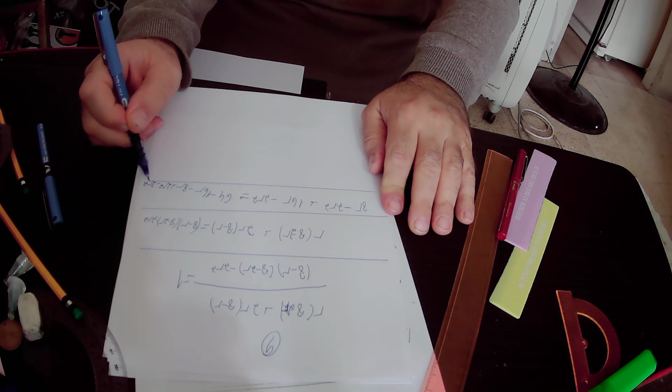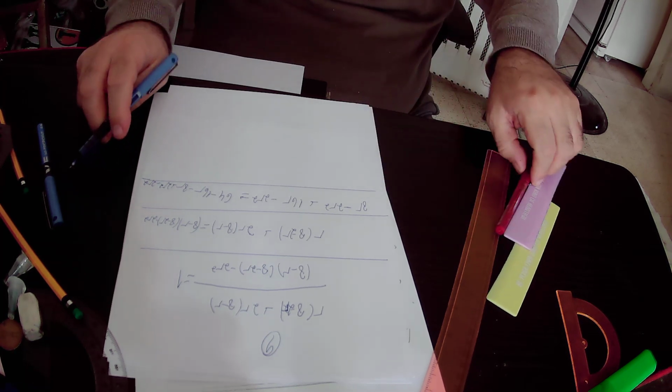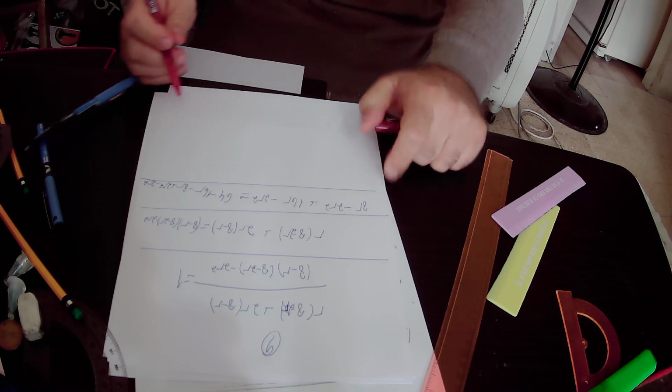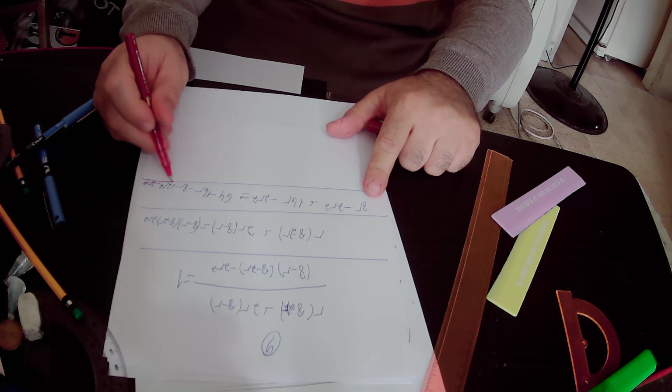So plus 2r squared minus 2r squared will get cancelled, it equals to 0.